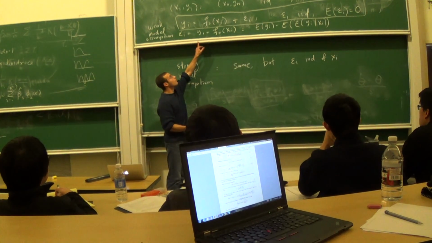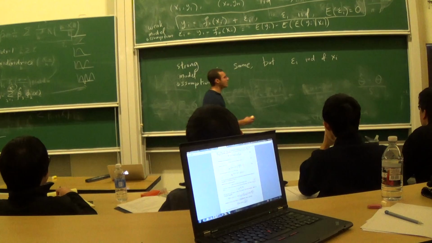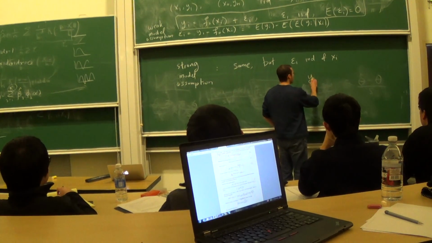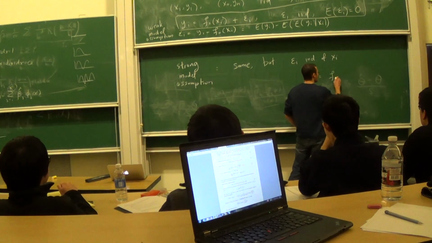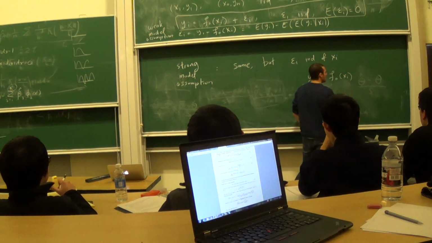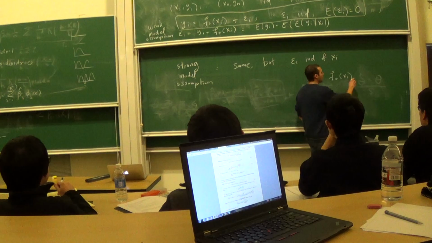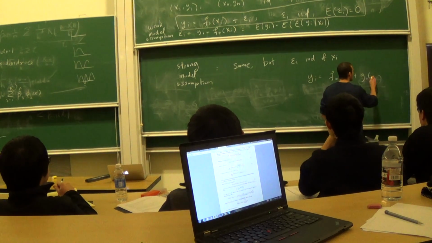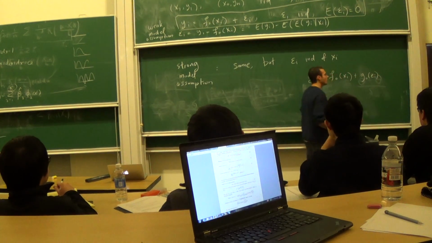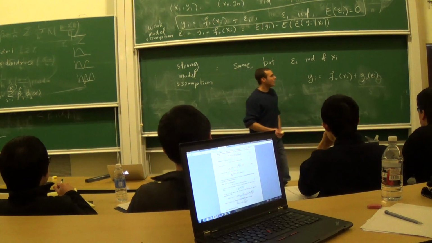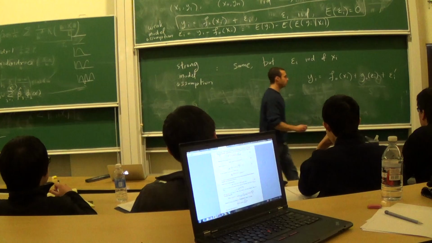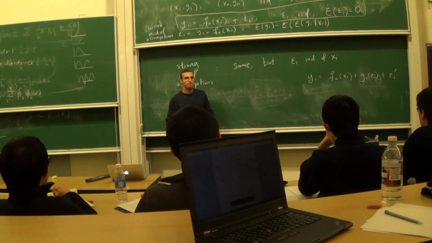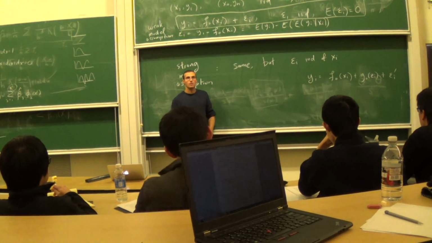Errors are independent of the inputs, but the true model actually depended on some other variables that we didn't measure. So let's suppose it was the case that y_i was f_0(x_i) plus g_0(z_i) plus epsilon_i prime.